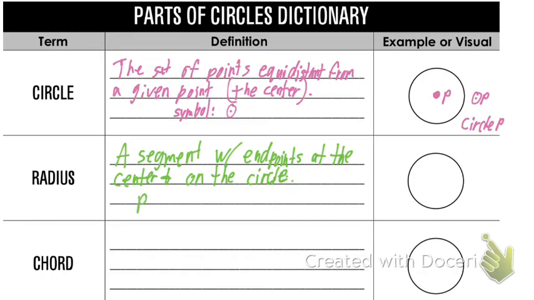I want to note that the plural of radius is radii. Where do you get radii from?